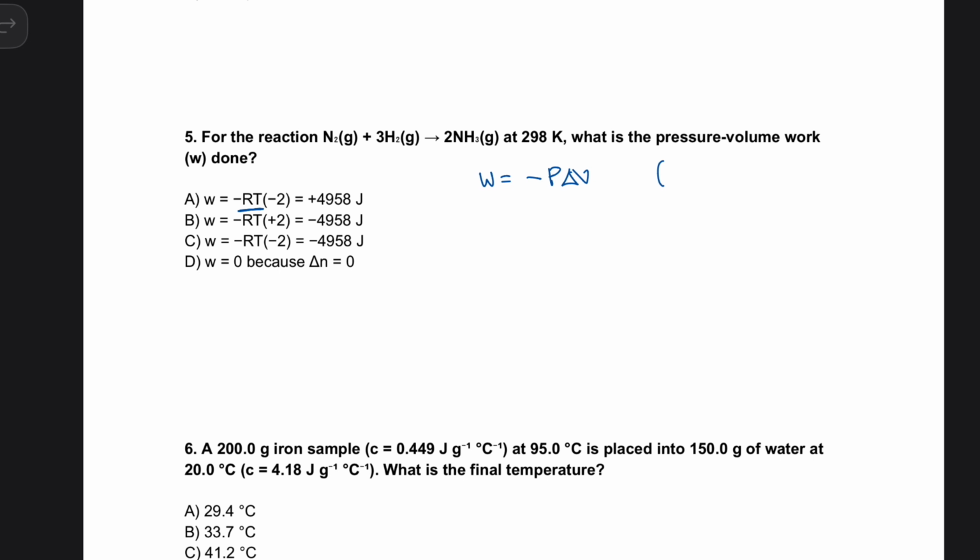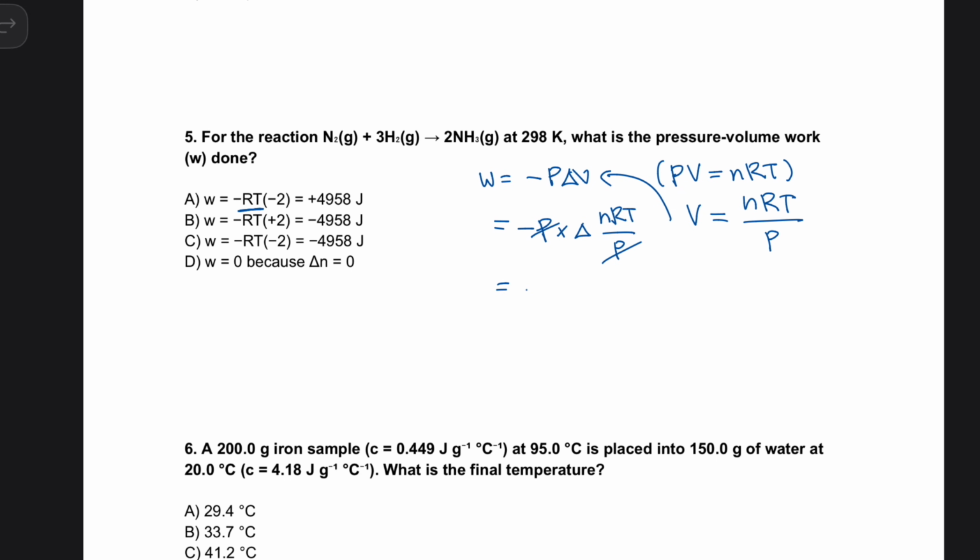So if we recall that PV equals nRT, and then we isolate for V, V will be nRT over P, and then we can sub this back into the formula here. So it'll be negative P times delta nRT over P, and then we can cancel the P's out.